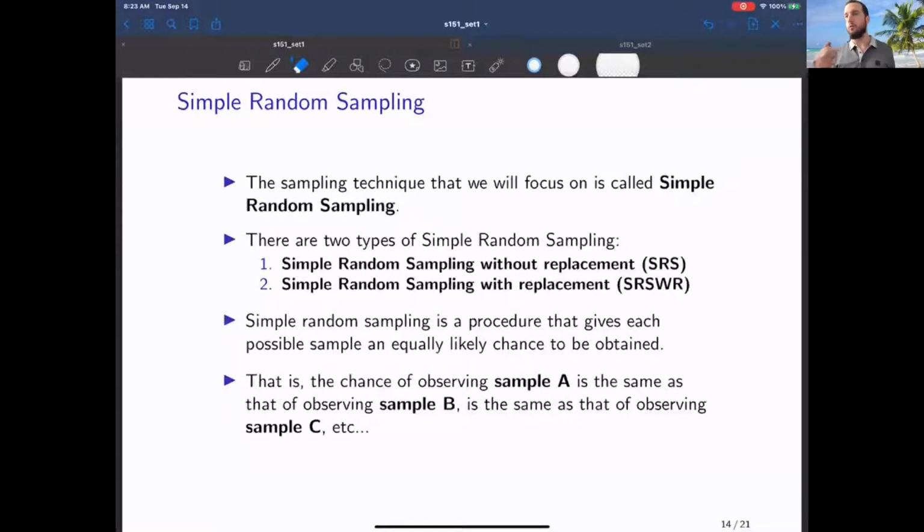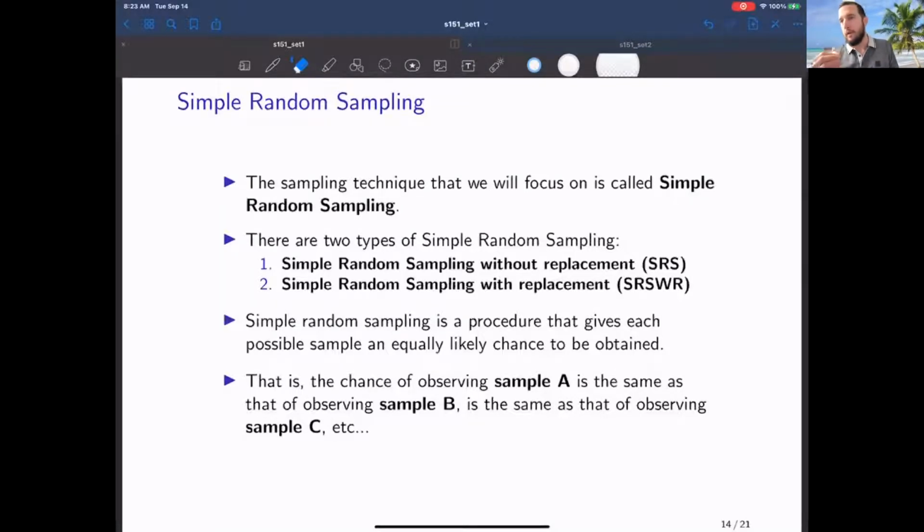So there's no repetition. The second is a simple random sample with replacement. And this would be a sample where an observation can appear multiple times. Okay. In simple random sampling, every single population element is given the same chance of being in the sample.